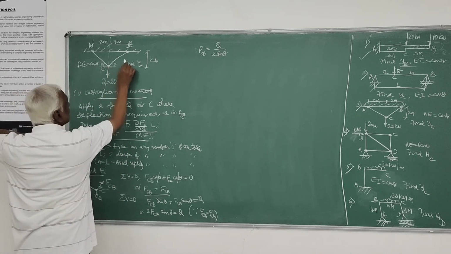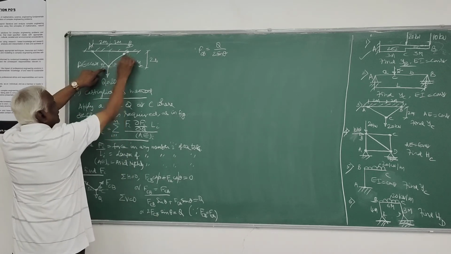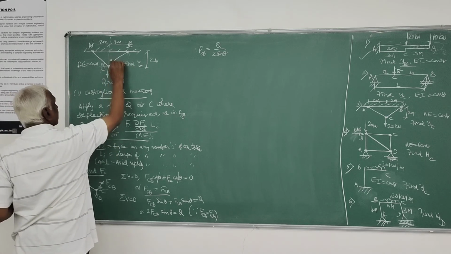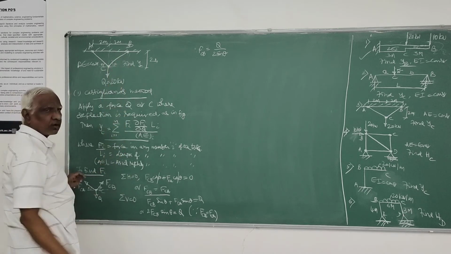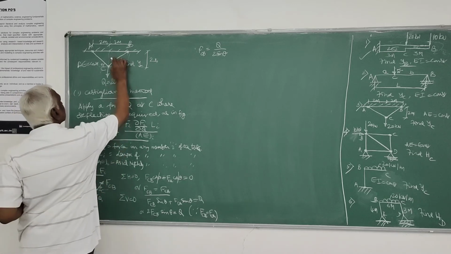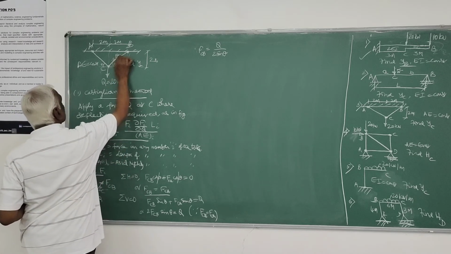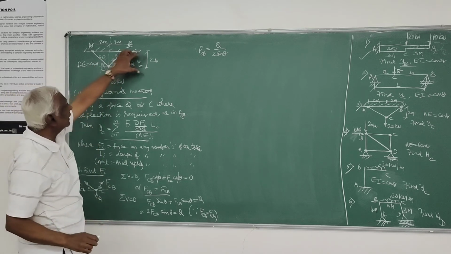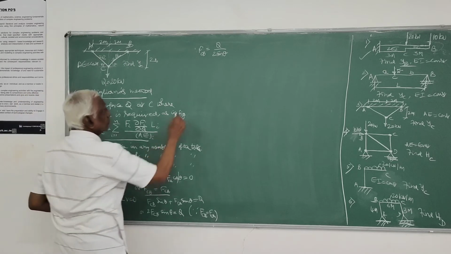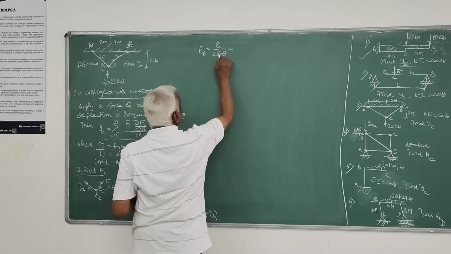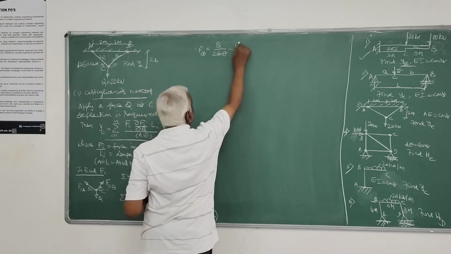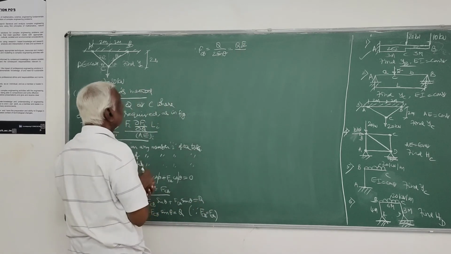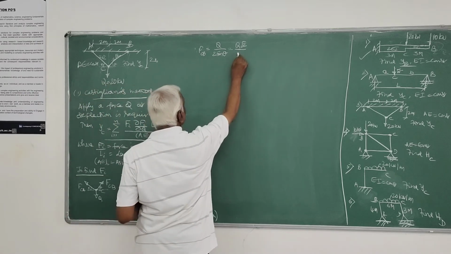Sin theta is opposite side by hypotenuse. Hypotenuse will be square root of 2 squared plus 2 squared. That is square root of 4 plus 4, that is 8. That you will get as 2 root 2. Here also 2 root 2. So sin theta will be 2 by 2 root 2.